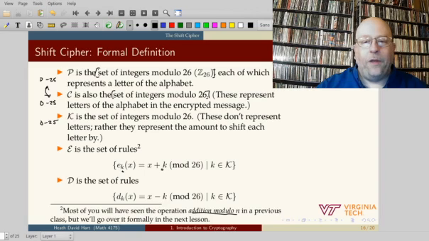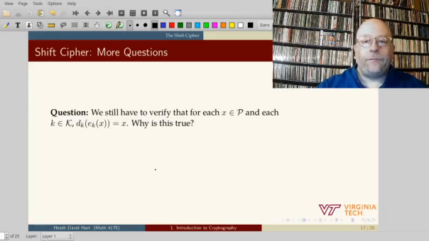So E sub 5 is equal to x plus 5, E sub 12 is equal to x plus 12, and so on and so forth. They're just sets of functions mod 26. So we still have to verify that the decryption and the encryption, if we use the same key, gives us our original message back. Well, why is this true?